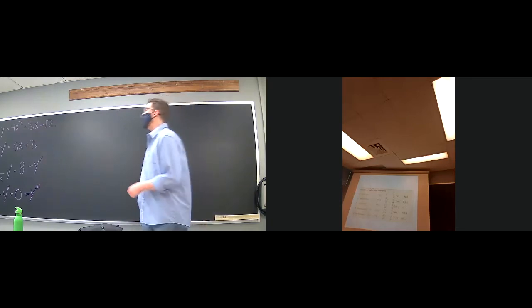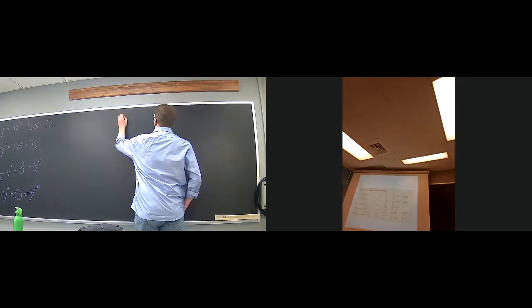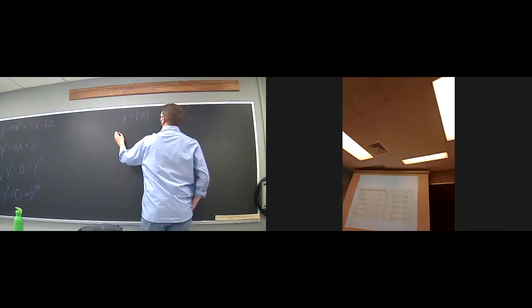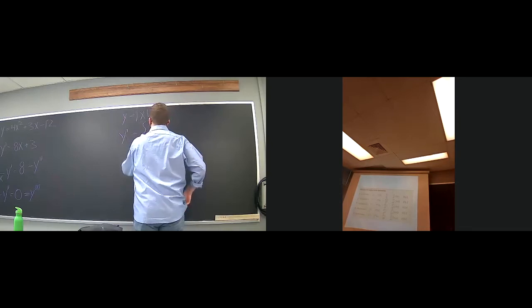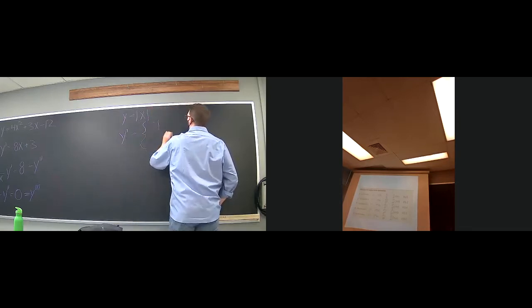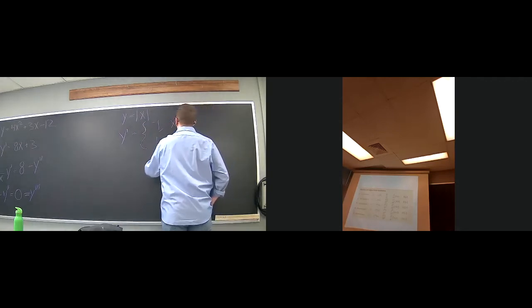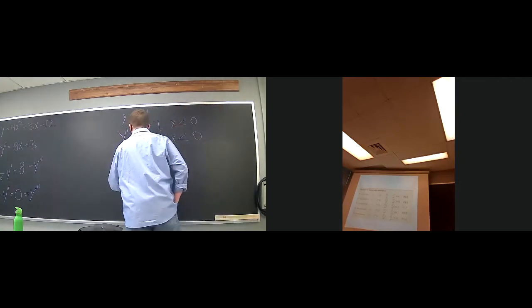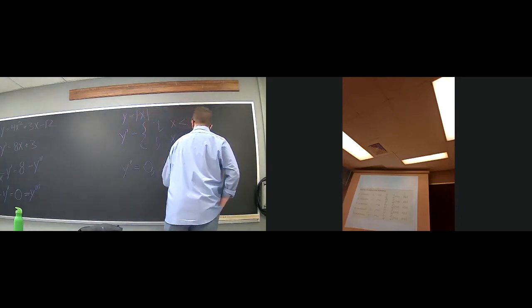So, for example, if we had, let's say, y is equal to the absolute value of x, y prime then would be equal to -1 for x less than 0, and 1 for x greater than 0, and y double prime would be equal to 0 for x not equal to 0, right?